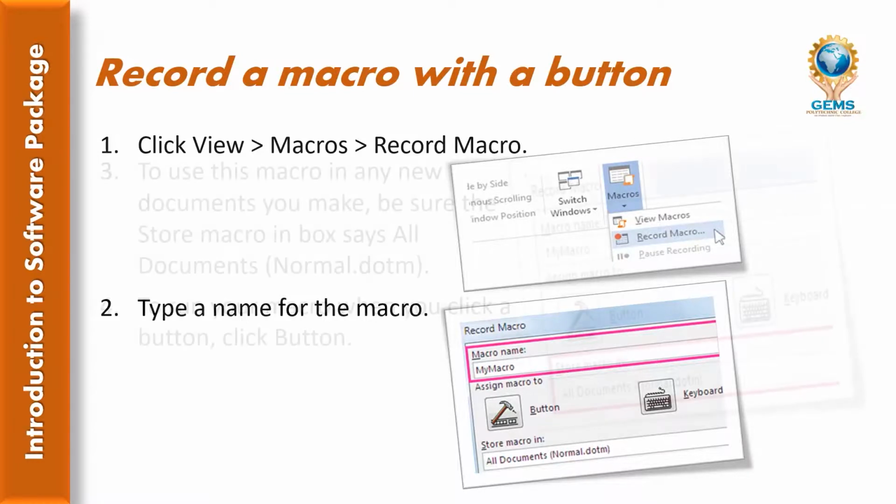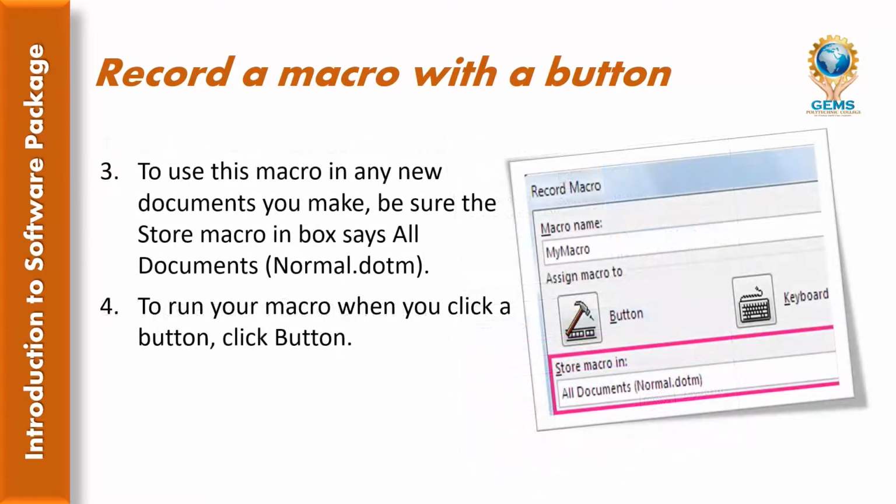To use this macro in any new document you make, be sure the store macro in box says all documents, that is Normal.dotm, the normal dot macro. So you can store it in the documents macro box.